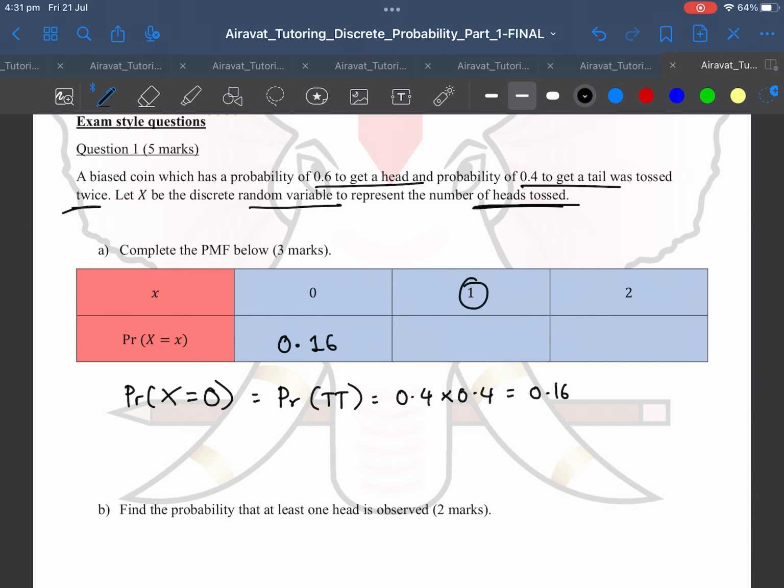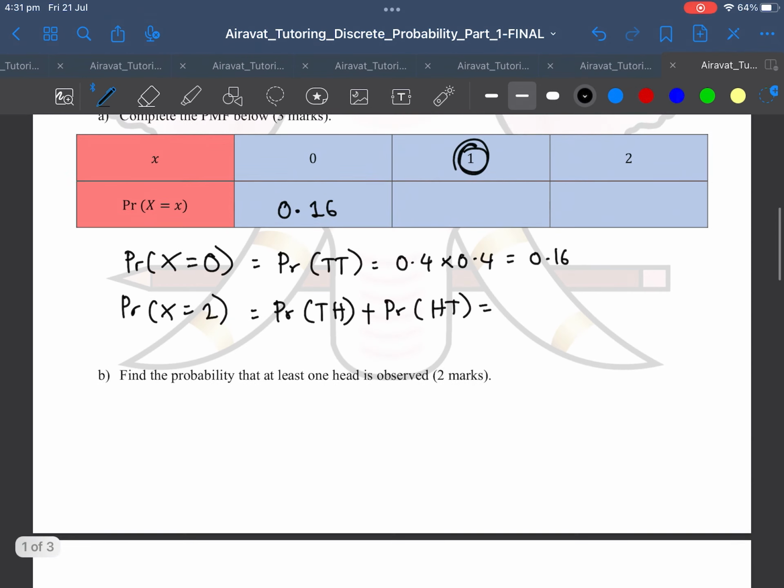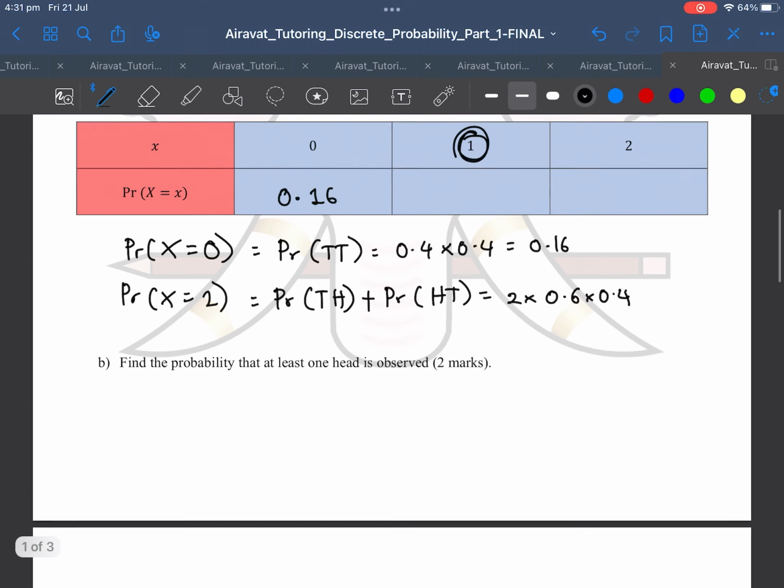Probability of tossing one head, so that would be the probability of x equals 1. That would equal the probability of tails first then a head, plus the probability of heads first and then a tail. So you can simply do 2 times 0.6 times 0.4, because at the end of the day you're just multiplying the same numbers in a different order, so it doesn't matter.